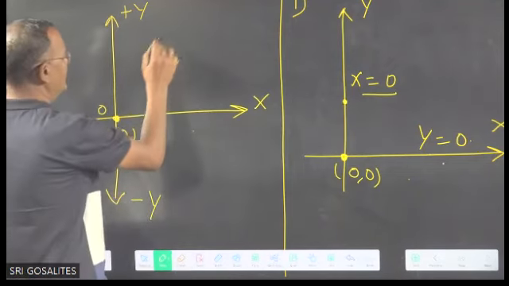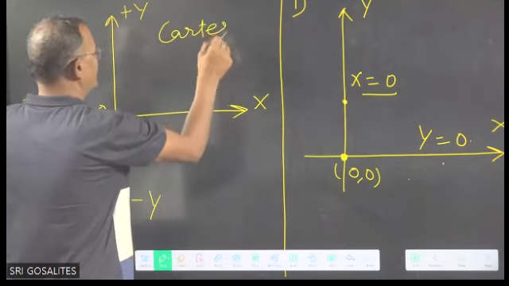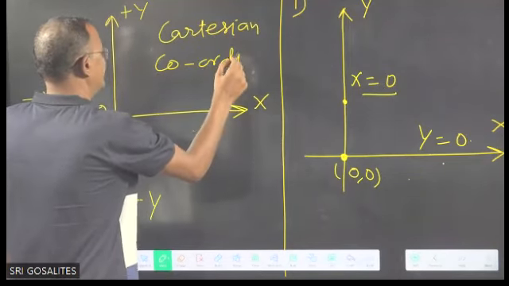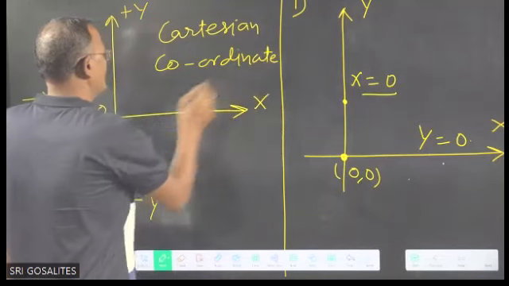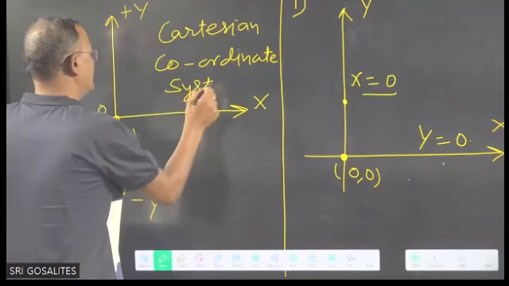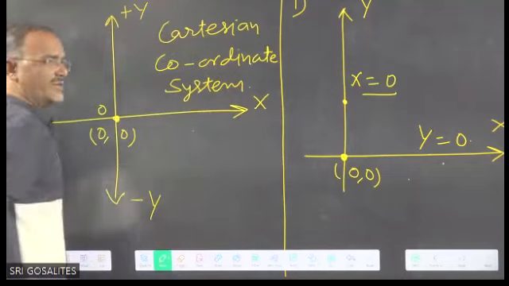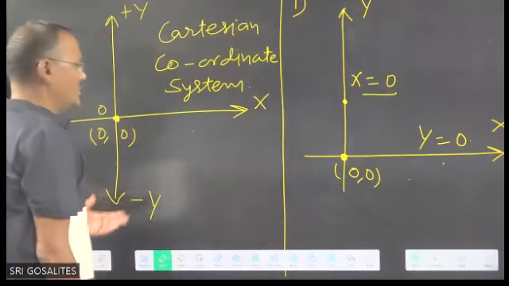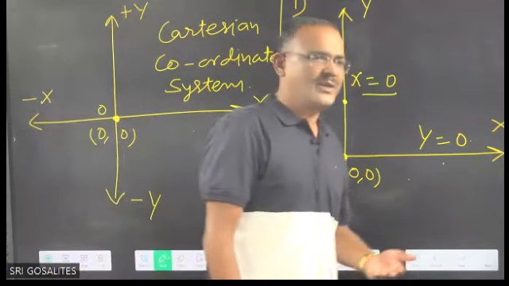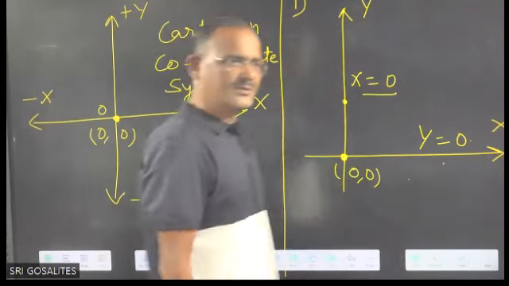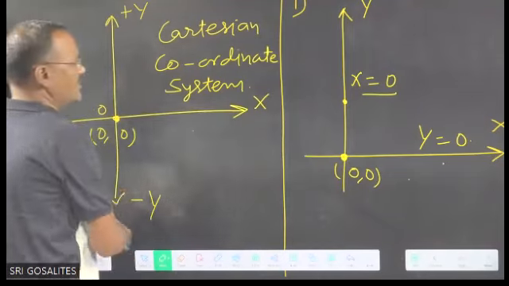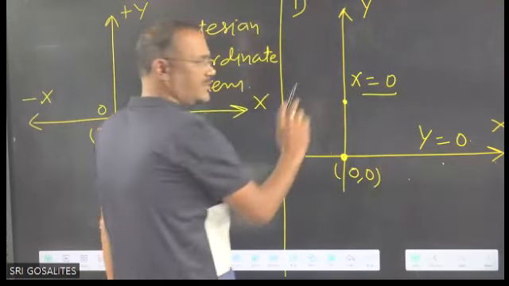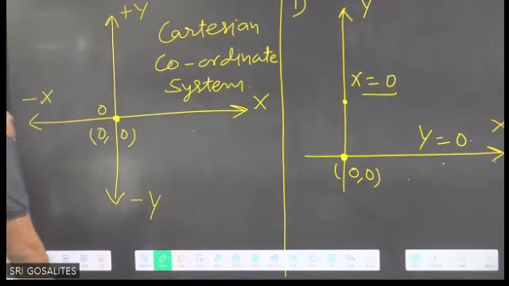This is called Cartesian coordinate system. What it is called? Cartesian coordinate system. So already we have told you the topic name. We are discussing the graphs or the curves. Okay, right. So now x axis पर y 0 और y axis पर x 0 होगा.